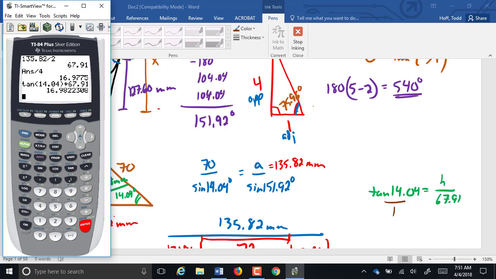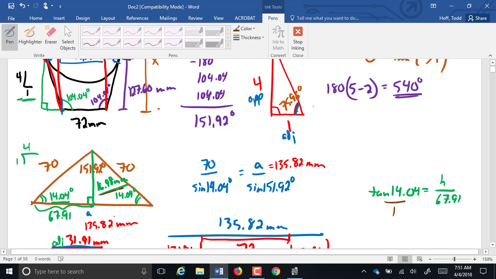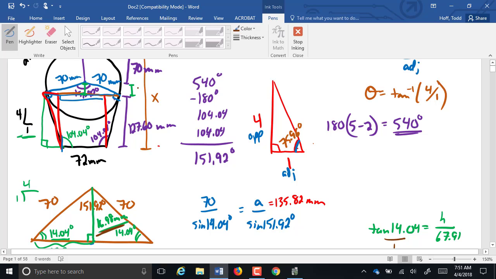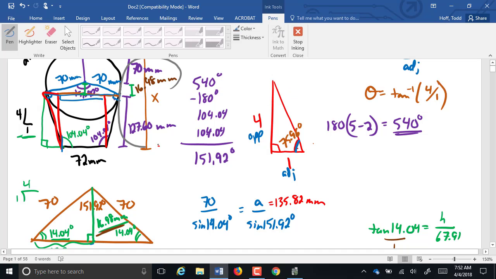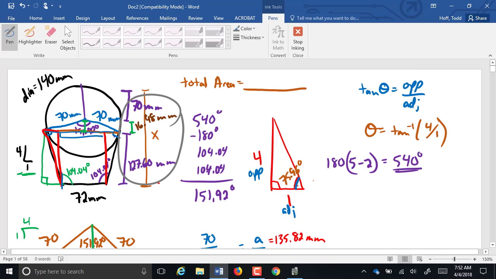We don't have to do the divided by 1. So 16.98, which is what I had. So that height is 16.98. So I add those 3 dimensions up, which is 214.58 millimeters.